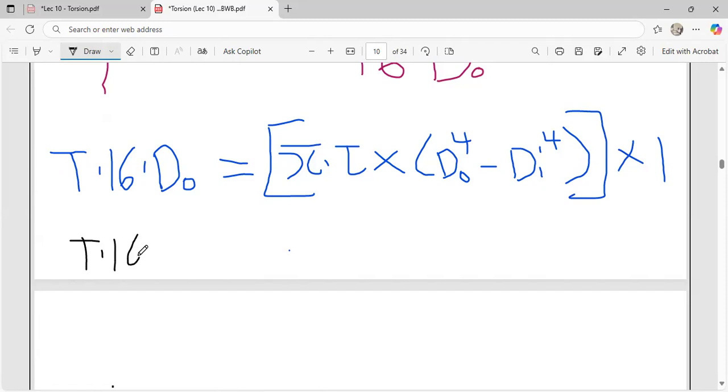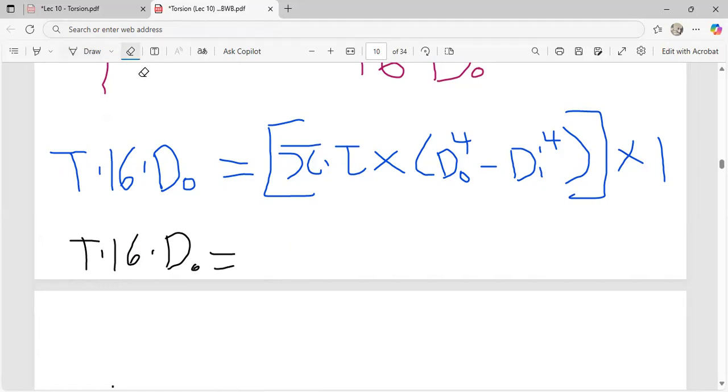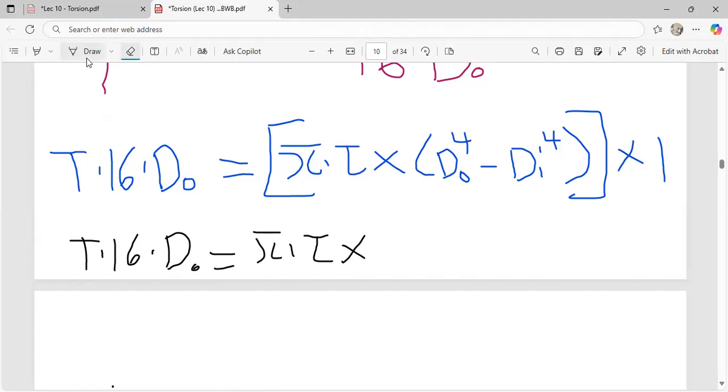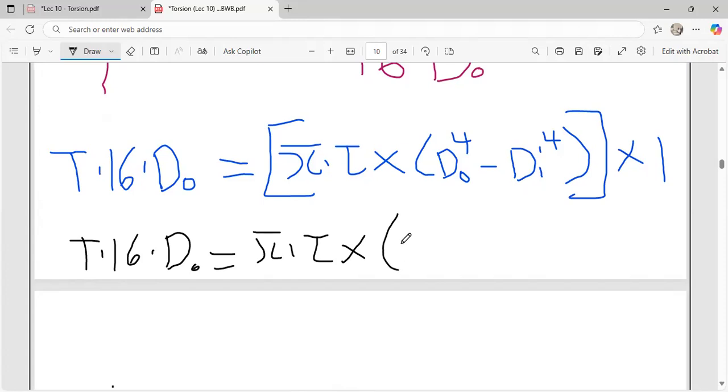Tau times 16 multiplying the outer diameter is equal to pi times tau, also multiplying the external diameter exponent 4 minus the inner diameter. Please take a pen and paper and try to write as I also write along, to aid your understanding.